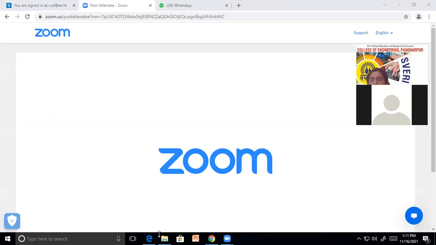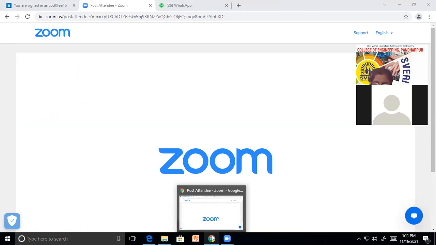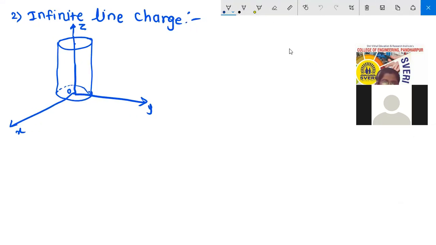R. Okay. So here, this R is the radius of the cylinder. Now, what we have to find? We have to first check the equation for D bar, that is electric flux density D bar.